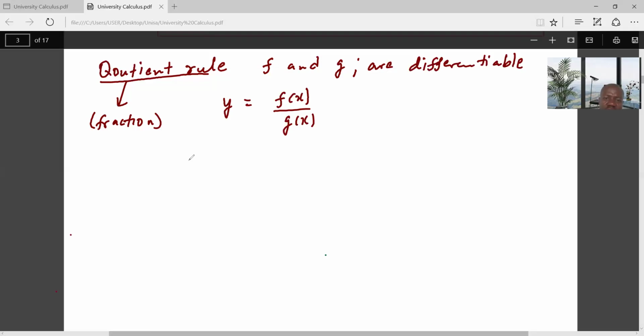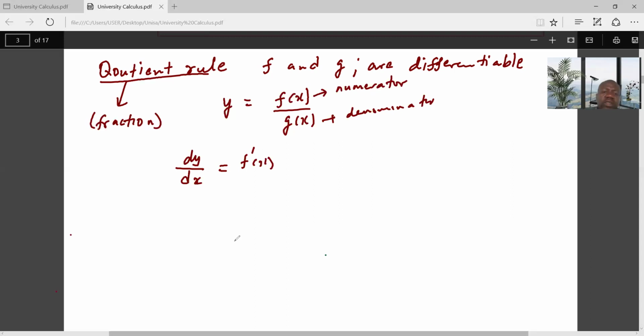According to this rule, when we have dy over dx, you differentiate your numerator, which is the f. Remember, this is the numerator, and this is the denominator.